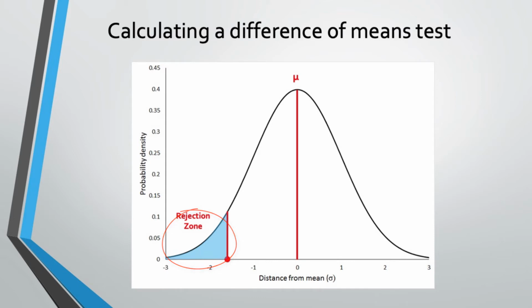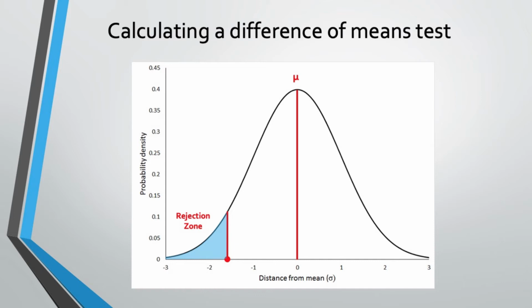So when you're testing a hypothesis of a sample mean against a hypothesized population parameter like this, and the sample z-score falls in this rejection zone, we're rejecting the idea that this population parameter is accurate, because we know it is so highly improbable that an observation would fall in this tail in the first place. Now what you see here is a one-tailed test where we only have one rejection zone and it's to the left of the mean.